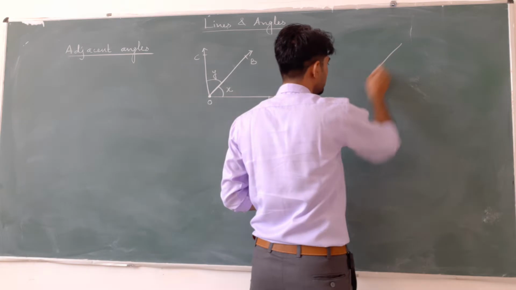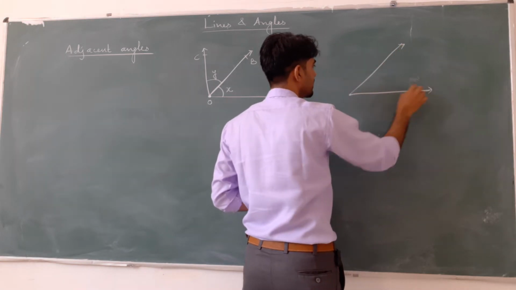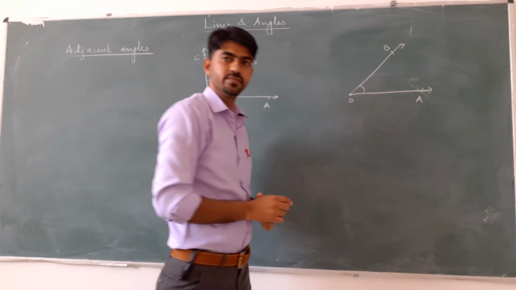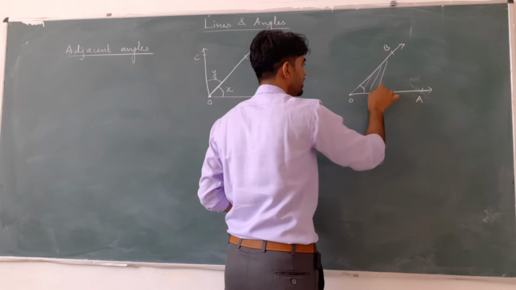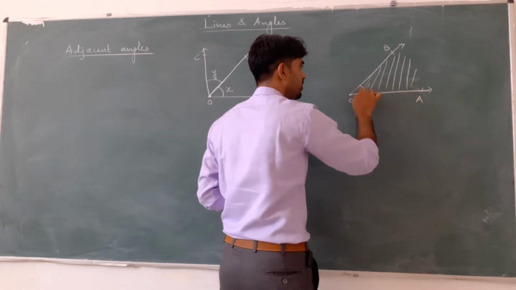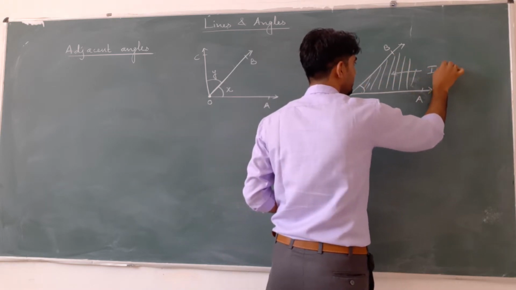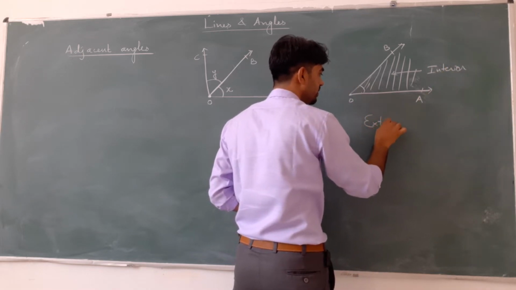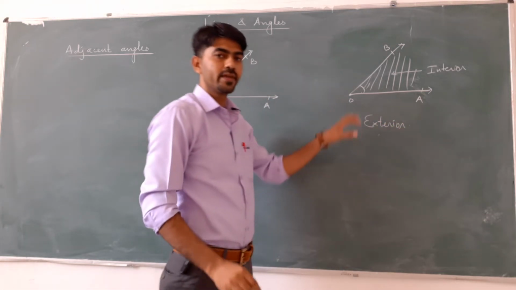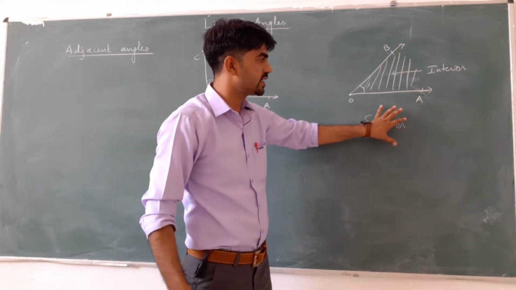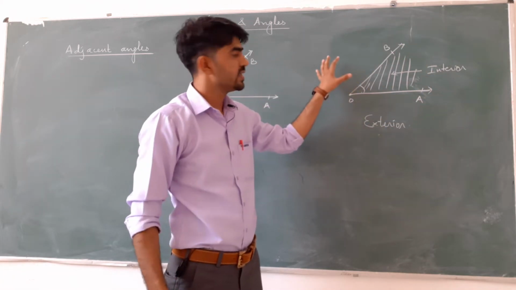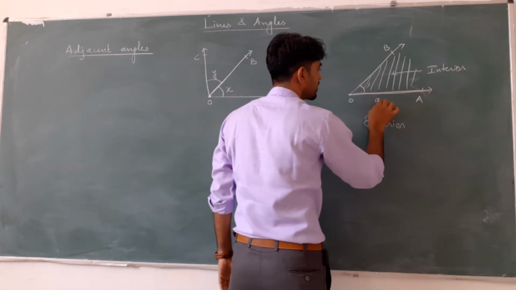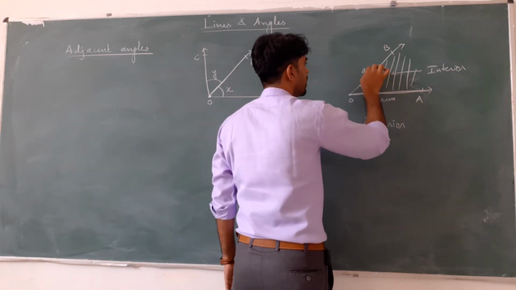For any angle, suppose this is an angle AOB. This portion is called the interior of the angle, and this is the exterior of the angle. This rest of the portion is called exterior, and these are called arms. This is an arm and this is also an arm.